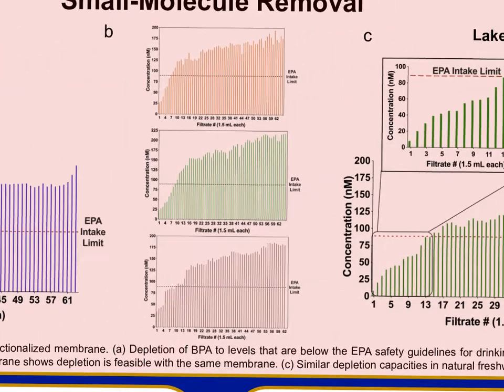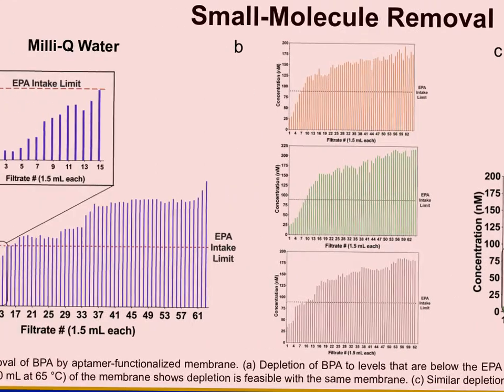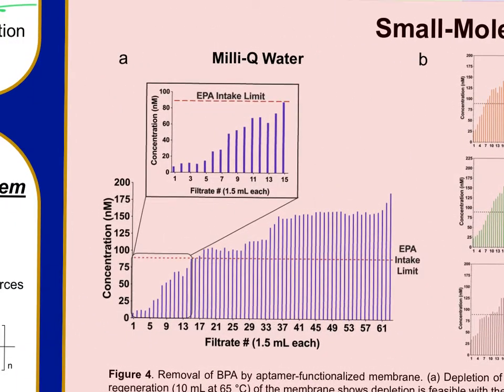And the best thing is that there is an aptamer for it already selected. So we wanted to check if our membranes were able to remove BPA, and we start with a concentration of 200 nanomolar. And here you can observe how we are able to remove this whole area of contaminated water, and all the BPA, we're able to take it down to the EPA intake limit.